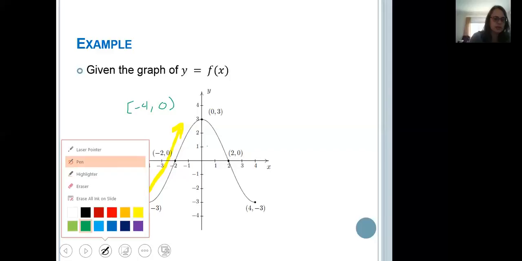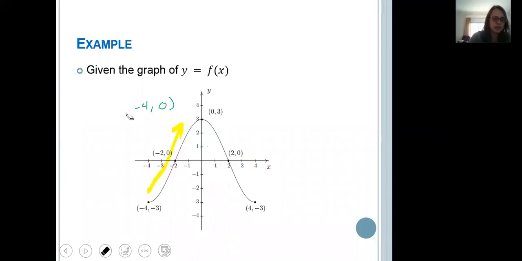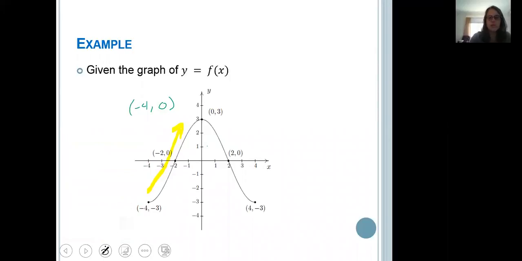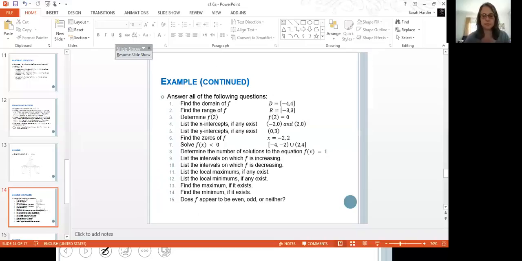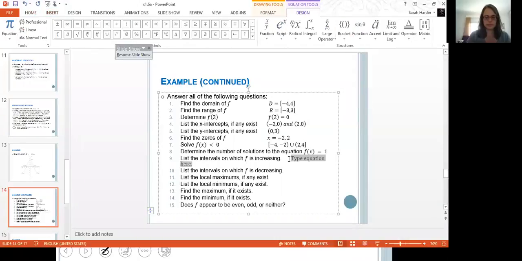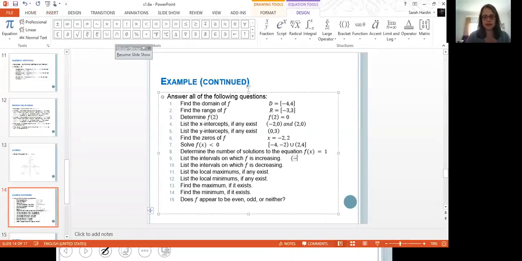And we'll always do these with open intervals, not closed. So my function is increasing between negative 4 and 0 on the x-axis. So that's negative 4 to 0. Okay?